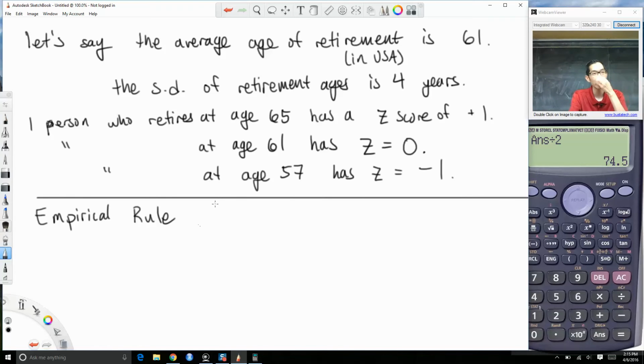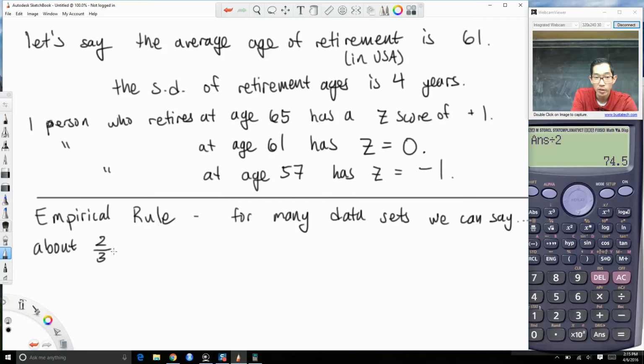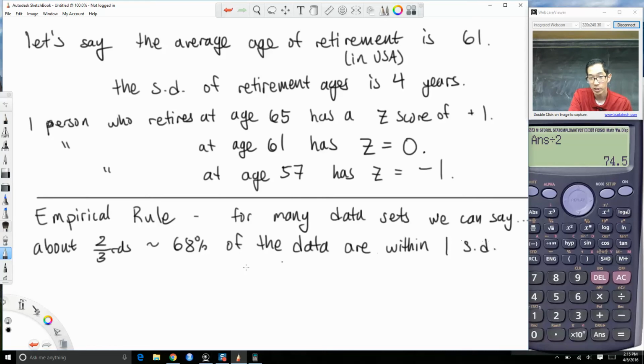The empirical rule says, for many data sets, we can say about 2/3, or more specifically about 68%, so a tiny bit more than 2/3, of the data are within 1 standard deviation of the mean.